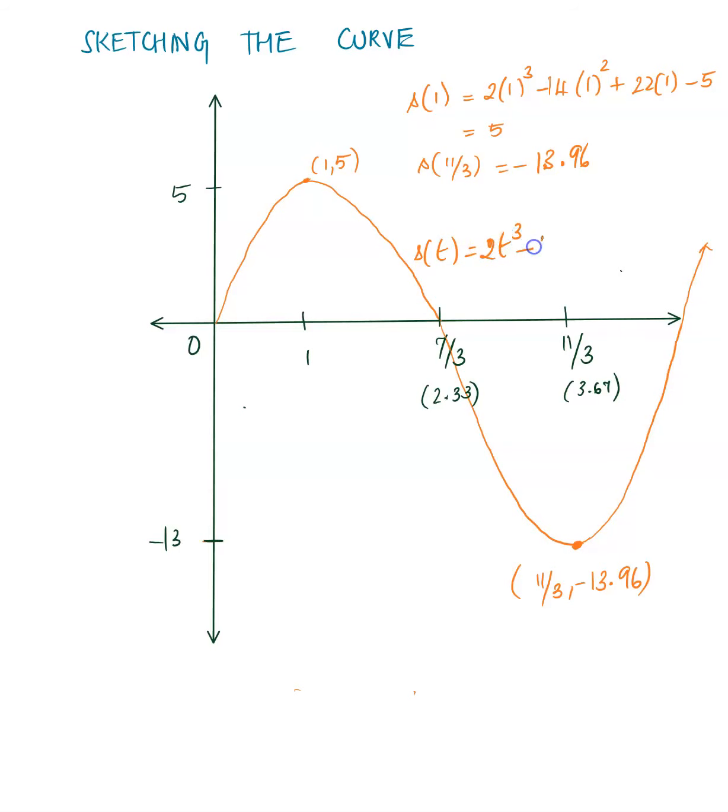Anyways, you've sketched the graph here, and this is S of t equals 2t cubed minus 14t squared plus 22t minus 5. And I want to say that this is increasing, decreasing, concave down, concave down, and then this portion again was decreasing, concave up, this portion was increasing, and this was concave up.